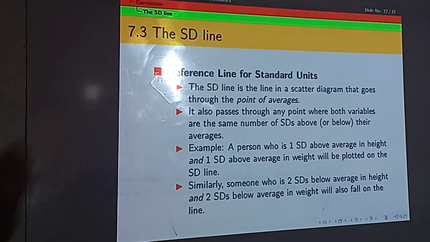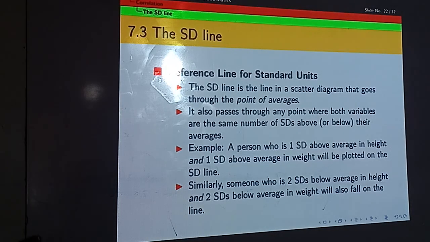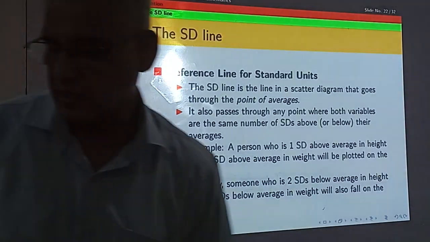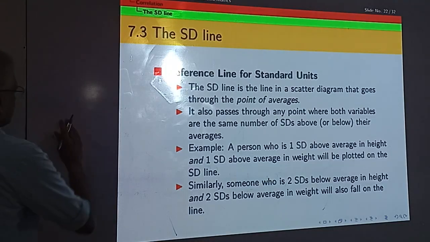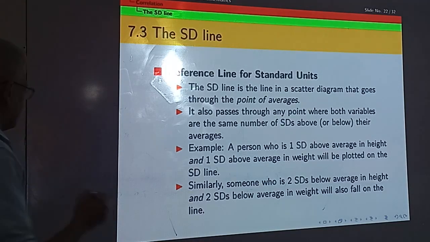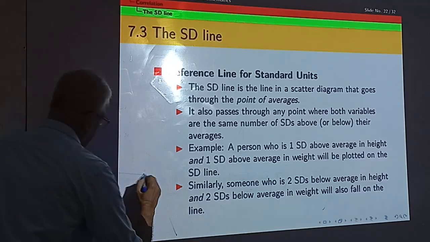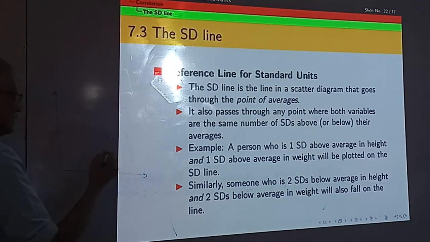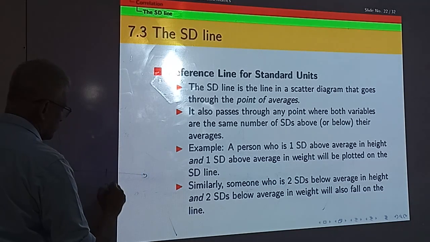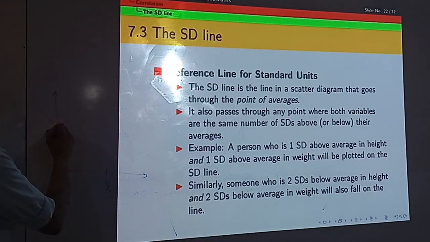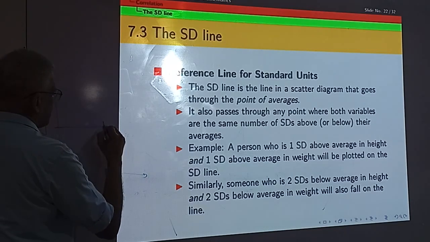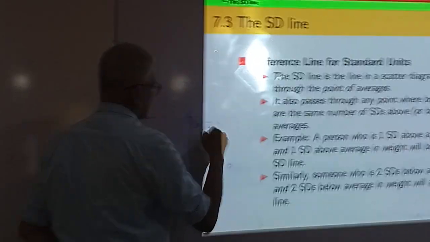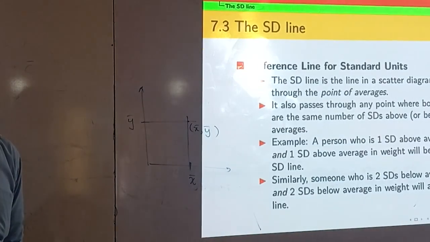Right. And then in the book, there's something called the SD line, standard deviation line. So the SD line is actually kind of a theoretical line. Now suppose you have two variables and suppose you have calculated x bar, the mean of the x values, and y bar also you know. So therefore you can find the point (x bar, y bar). And suppose you know the standard deviation of x and the standard deviation of y also.